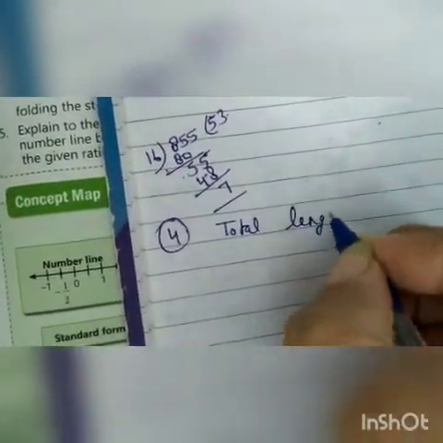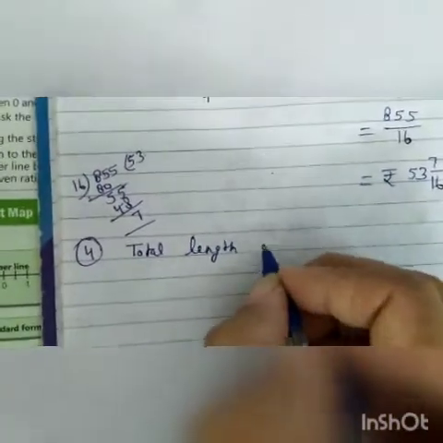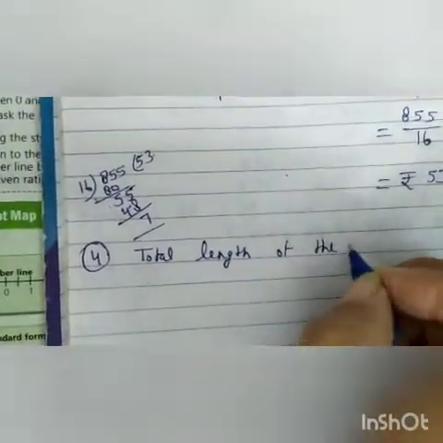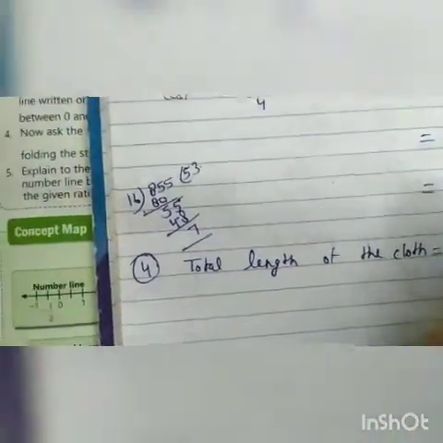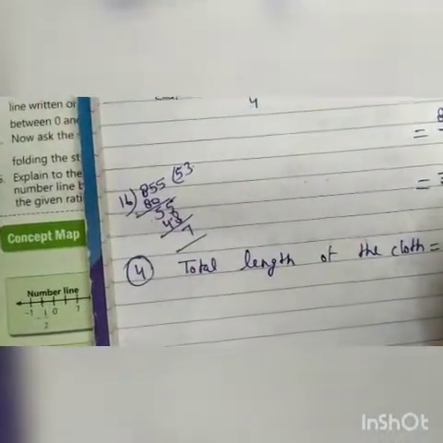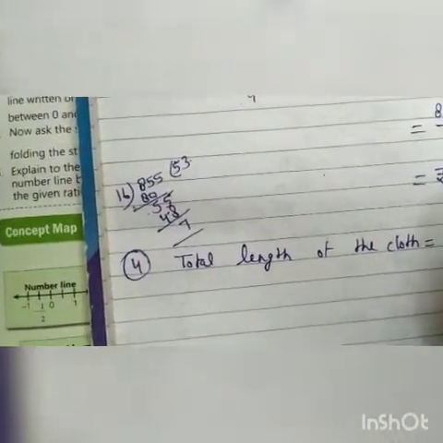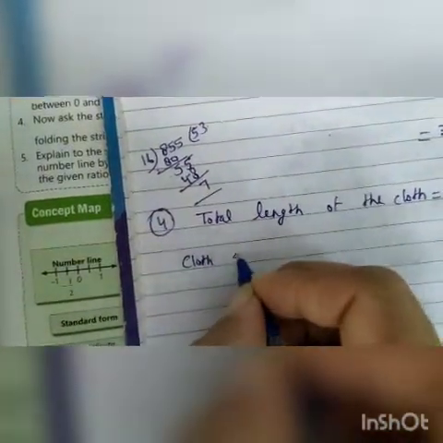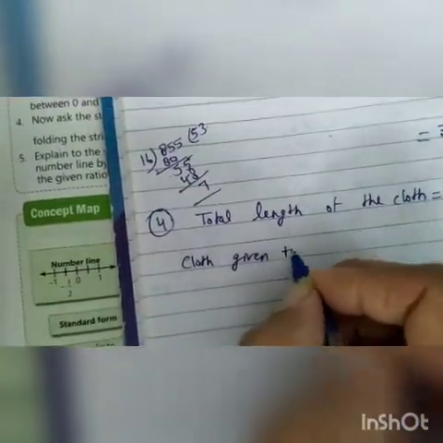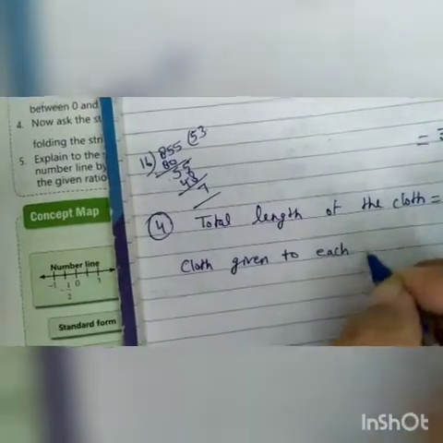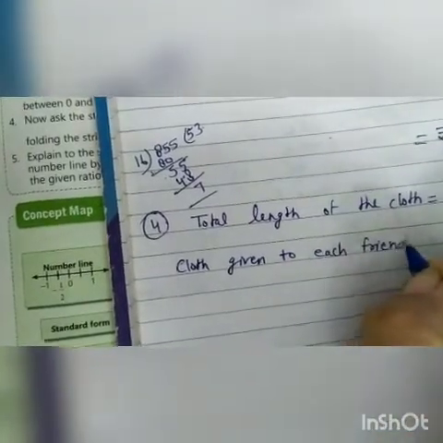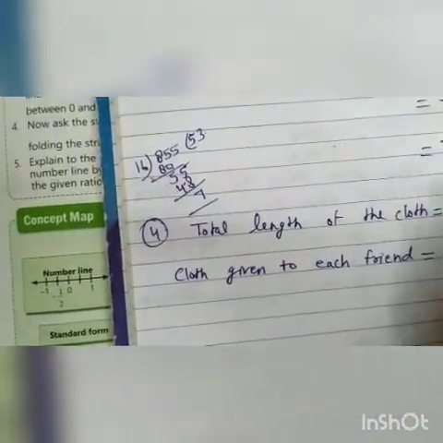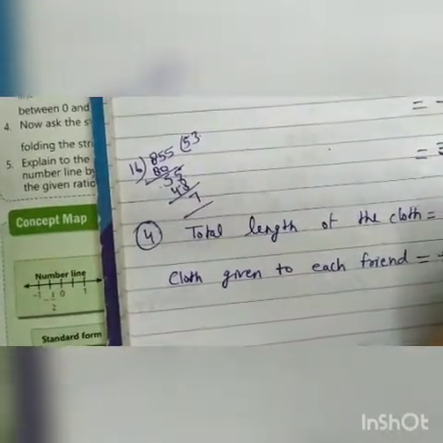Total length of the cloth. टोटल क्लोथ कितना है हमारे पास? रघु के पास 31 upon 4 meter cloth है. Cloth given to each friend. हर एक फ्रेंड को उसने कितना क्लोथ दिया है? 1 upon 4 meter.